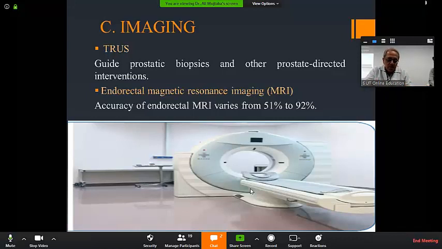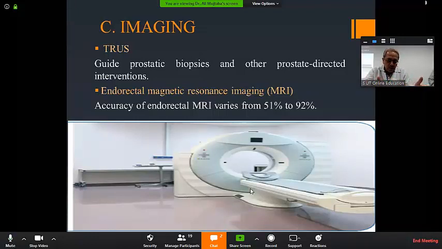Now, this is known as fusion biopsy. You fuse the image of the MRI with the ultrasound probe, which is guiding the needle, and the needle is going towards the prostate to take the biopsy.